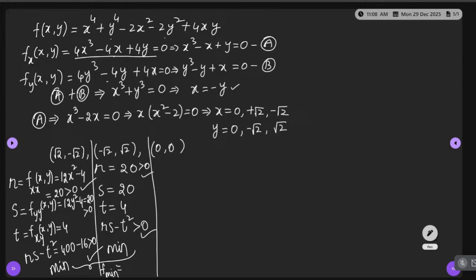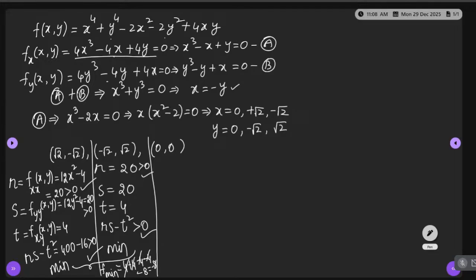Root 2 whole power 4, what is root 2 whole power 4? 4 plus 4 minus 2x square minus 4 again minus 4, 4 into root 2 into minus root 2. It is purely minus 8. This is F minima.